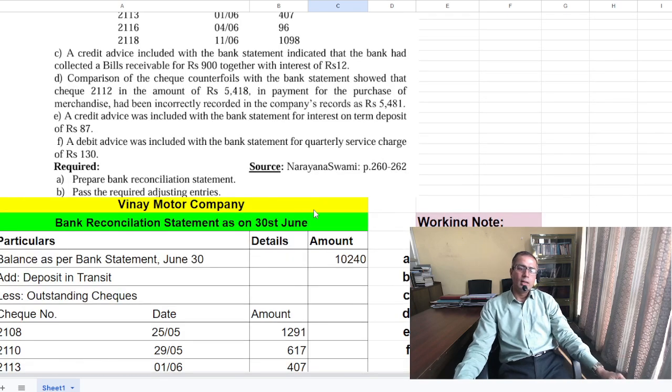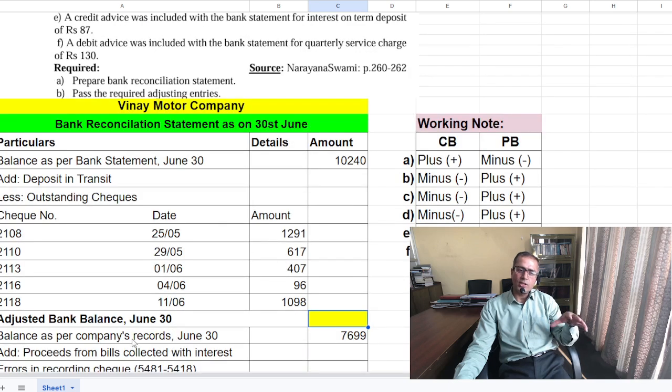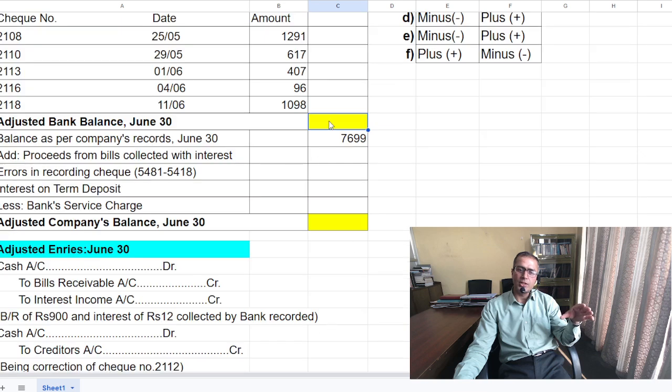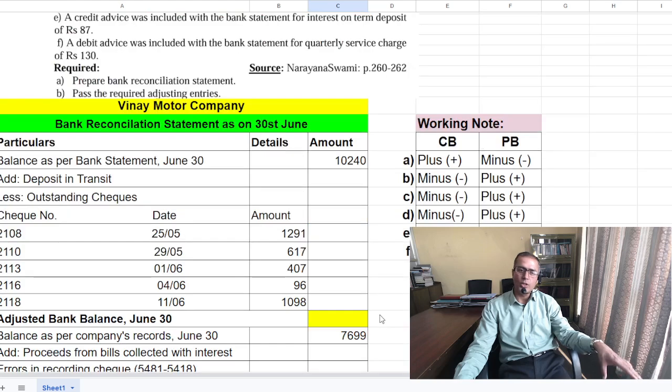Then once we adjust the other information, the adjusted balance as per bank statement and the company record should be the same, and this shows that our calculation is right. And then you could prepare the adjusting entry with working notes, friends.